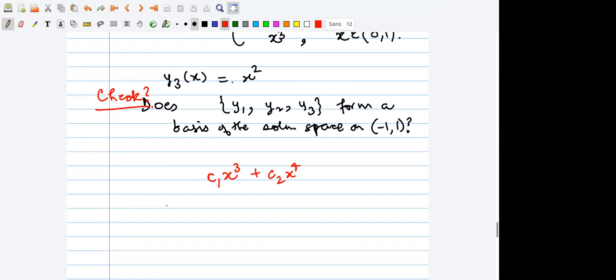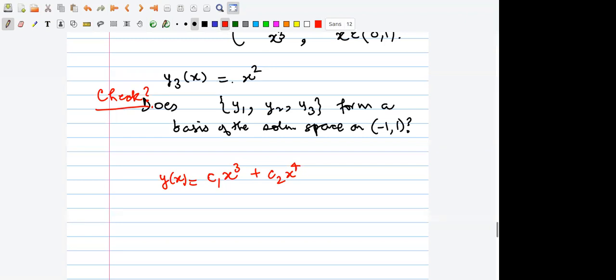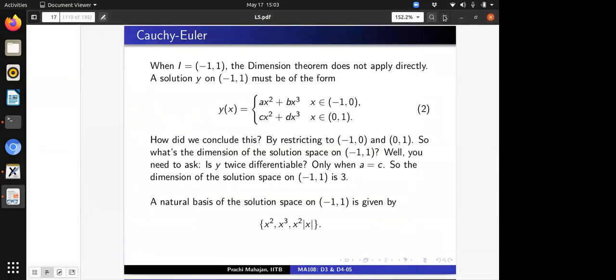If we are considering 3 of them, then the third one, the one in which we are taking mod, has to be some even power into mod x. I think here x cube into mod x will also work. That's a separate question. Let's take it towards the end of the class, as that's too much of a digression from what we are discussing. All right, let me go on.